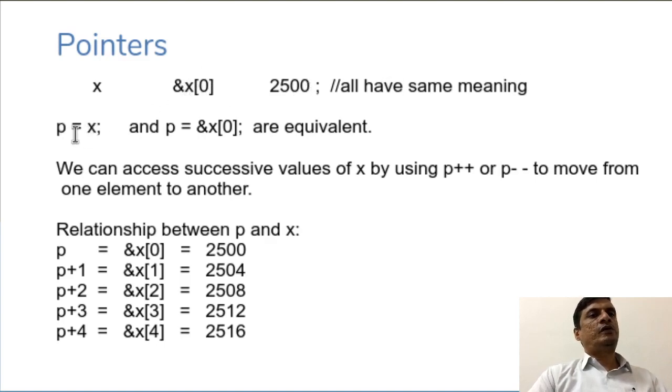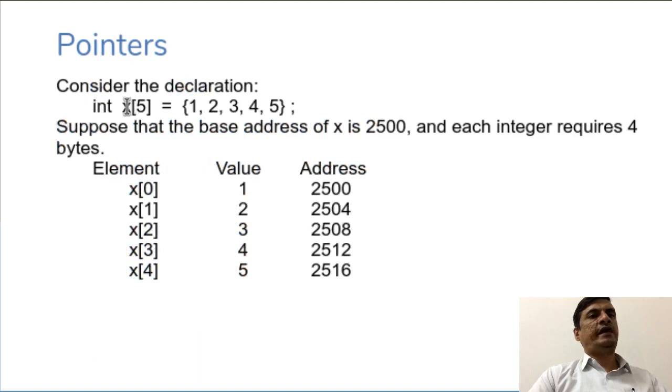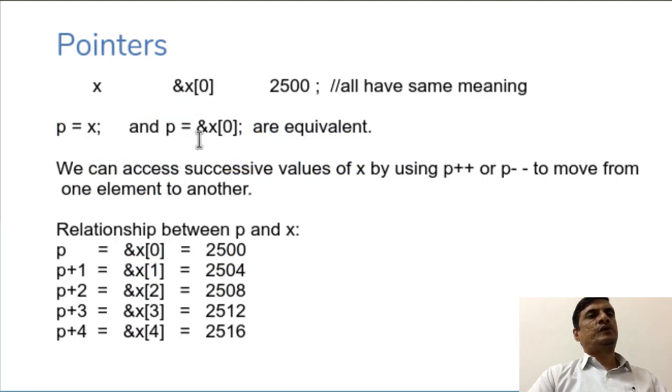So assume that p is the pointer variable which points to an integer, because we defined x as integer. Here p equal to x, or p equal to ampersand of x of 0, or p equal to 2500, all mean the same.